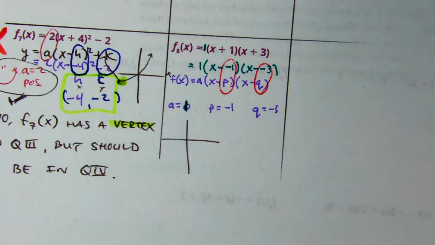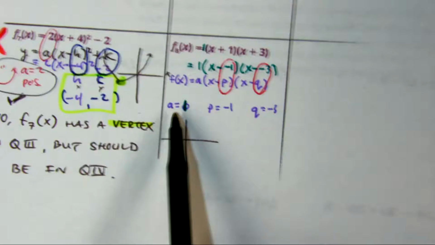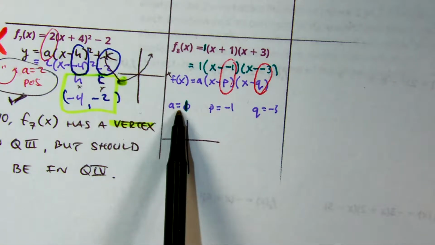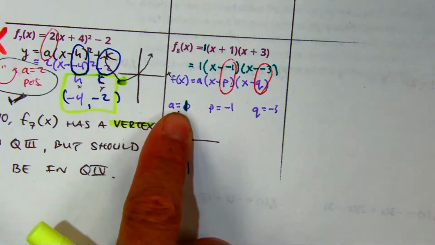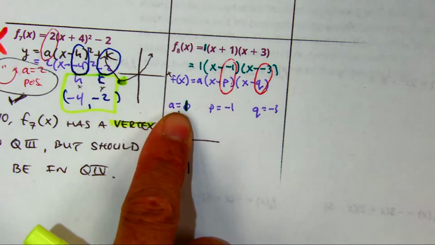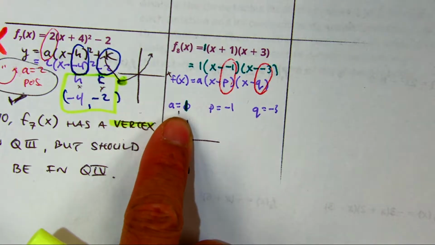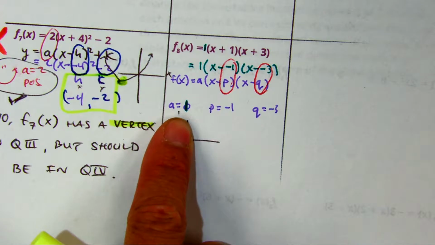Marco, what does an A value of 1 mean? What does that tell us? Everyone talk to your partner in 5 seconds.